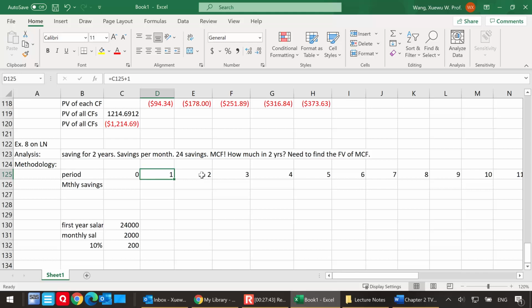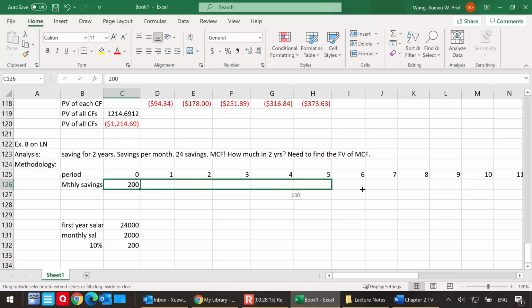If you look at this one here, cell J125, this is the end of month 7. This is also the beginning of month 8. So the first monthly savings should be here because this is today, the beginning of the first month. Okay, so that's the first monthly savings, and he's going to save 200 every month in the first year.